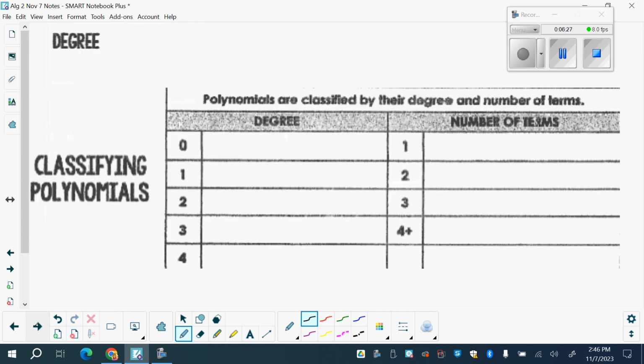So degree, if only one variable, the degree is the highest exponent. If there's more than one variable, we add the exponents together, and whichever is the term with the highest sum.